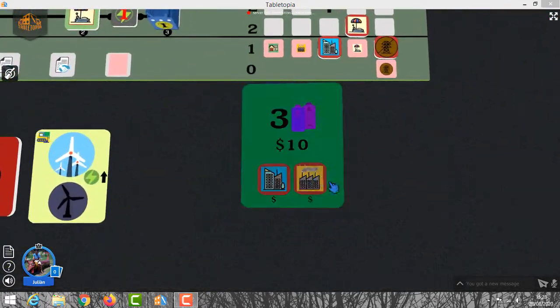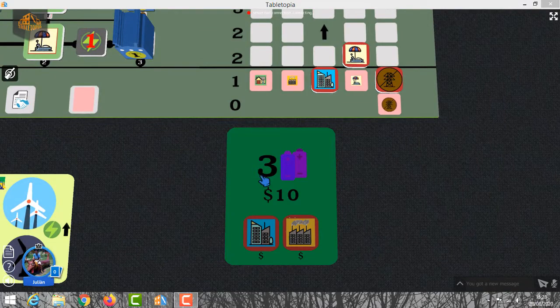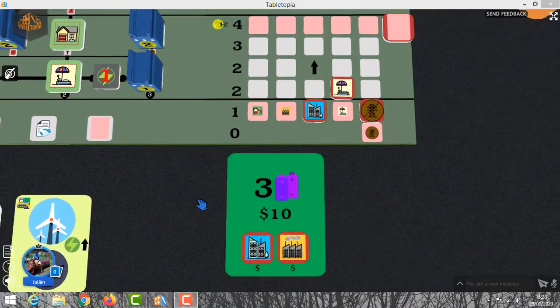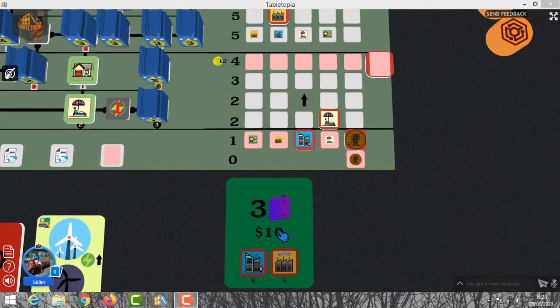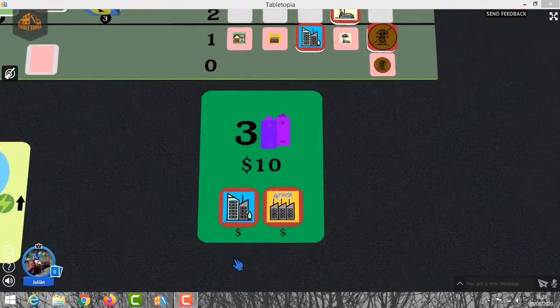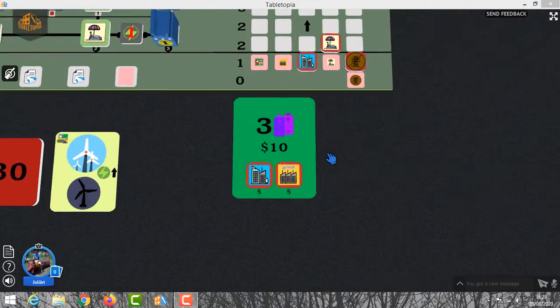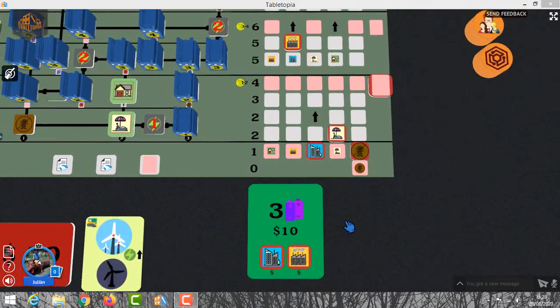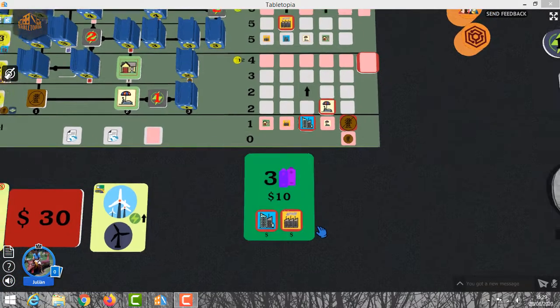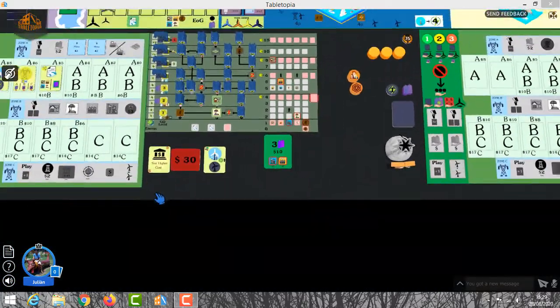As we read, the card says that it requires 3 batteries and that it will pay us 10 coins plus the income markers of the city and the factory. So in this case, we have sold our 3 batteries for 10 coins plus 1 for the city and 5 for the factory. That is 16 coins for 3 batteries.